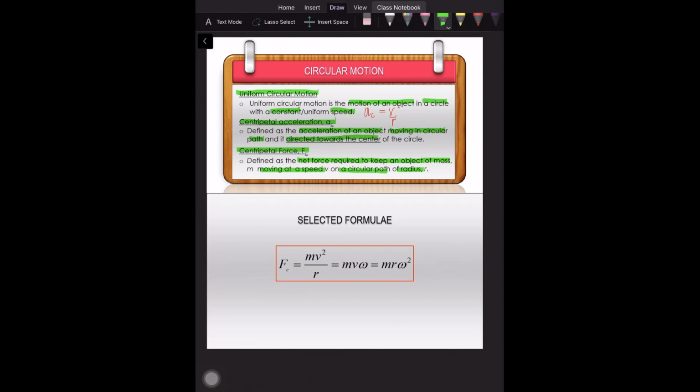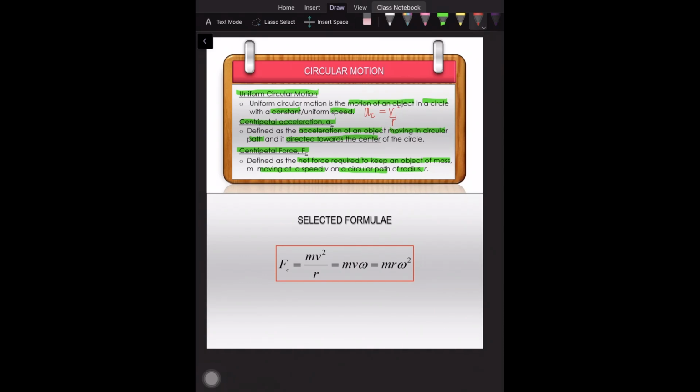So centripetal force is the net force required by an object to move in circular motion, and the direction of centripetal force is also the same as the centripetal acceleration, which is directed towards the center of the circular path. The symbol for centripetal force is F_c.